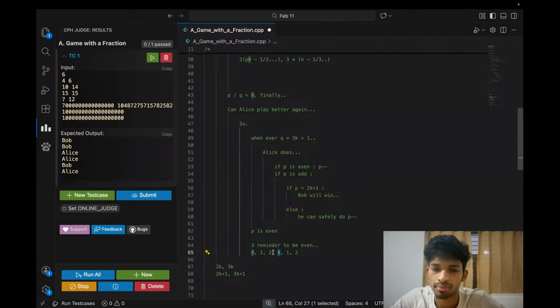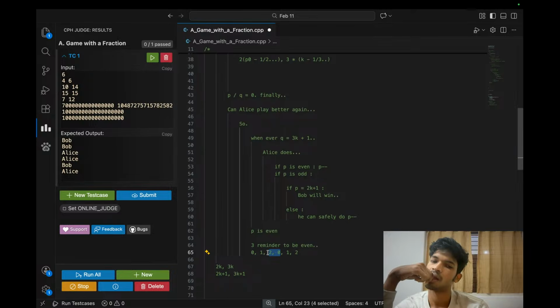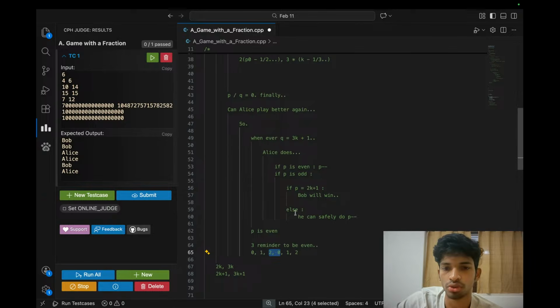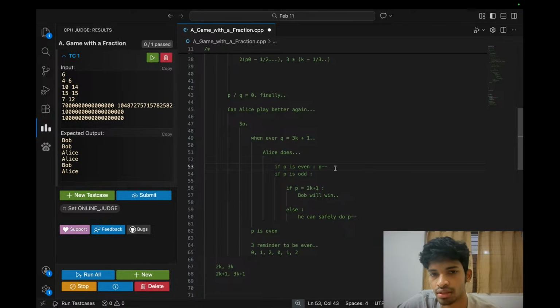Here he cannot manipulate that to be even, because this minus minus is changing parity. This is also changing parity, but this is not changing parity. So in terms of odd remainders, if we can make it even, whenever q becomes this, he will make p even, let's say.